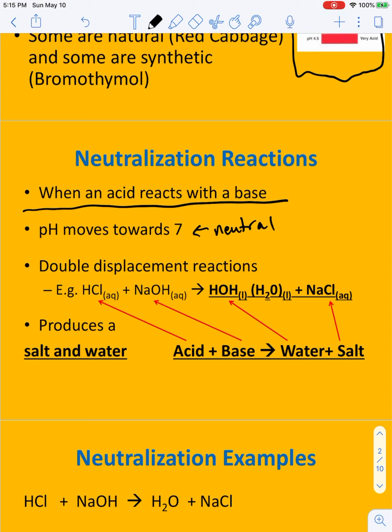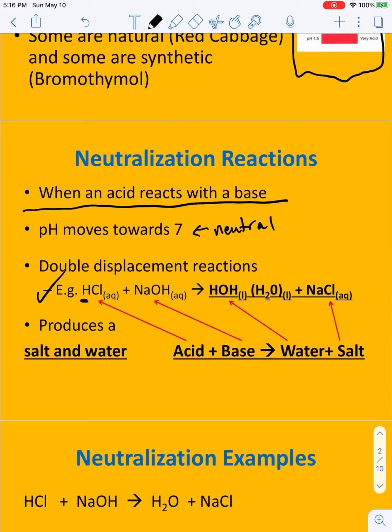So here's one we always do in class because it just gives such a nice product. So here's just your token example of the neutralization reaction. We mix hydrochloric acid with sodium hydroxide. And remember from our previous notes, you can recognize an acid because it will start with H. This is a binary acid, right?